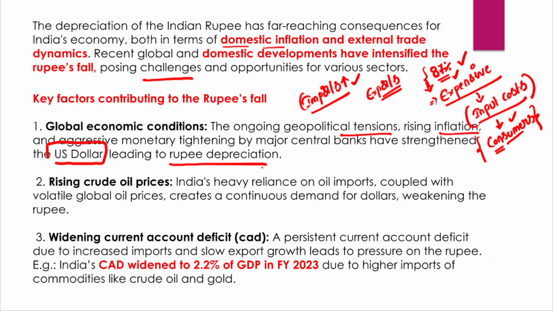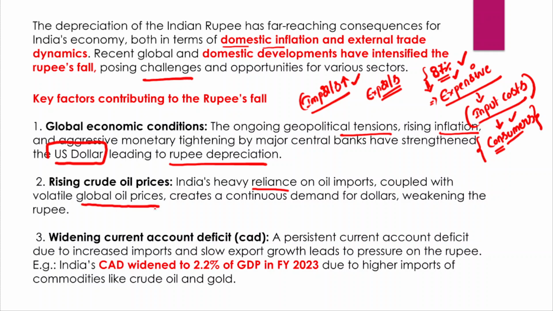And secondly, rising crude oil prices is also another major reason. How rising crude oil prices will lead to the depreciation of rupee and also increasing inflation, we have just understood, because India is heavily dependent on other countries for the imports of oil, and that is being coupled with the volatile global oil prices.